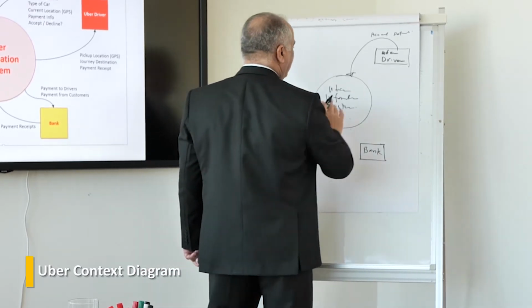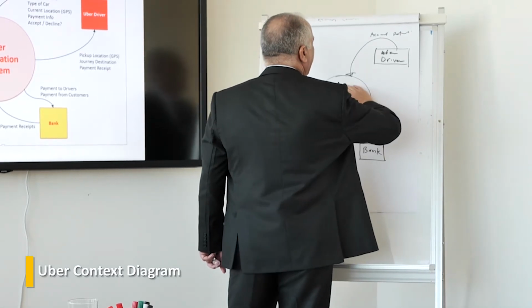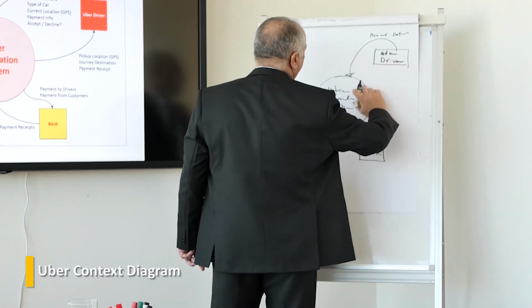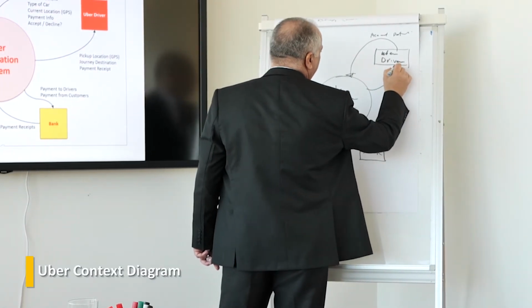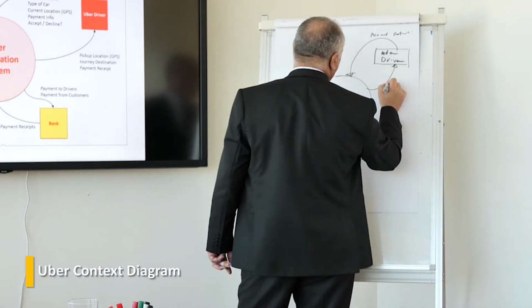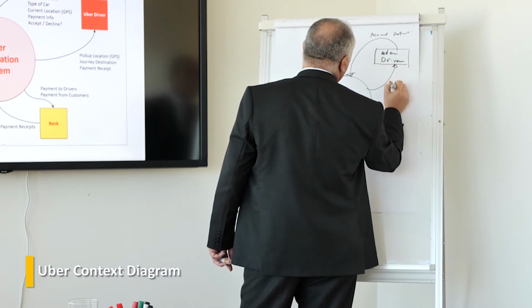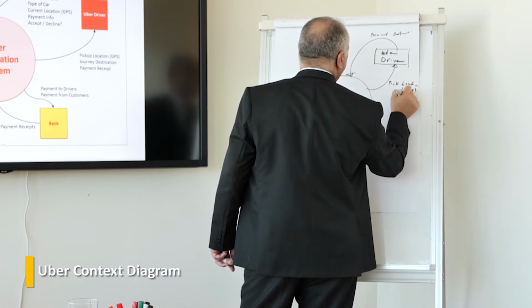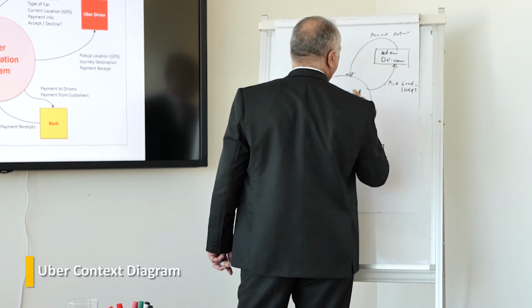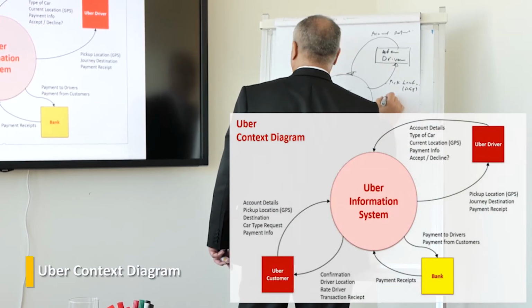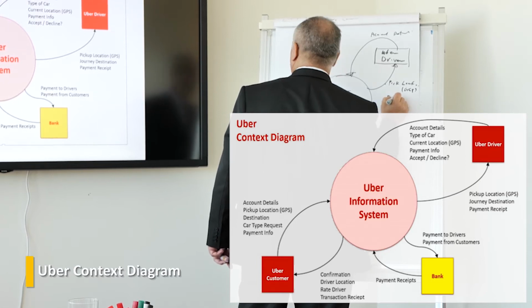Now, what will the Uber information system do? It will send a request to the driver, saying, here, we have a customer who wants to be picked up. So we need to tell this driver the pickup location, where the customer is. We also need to tell the driver the destination of the customer.